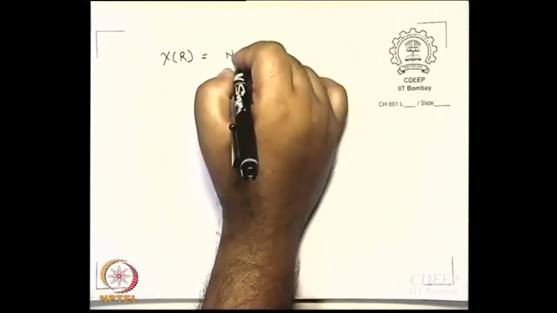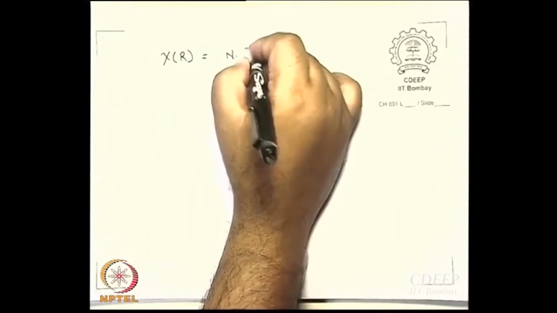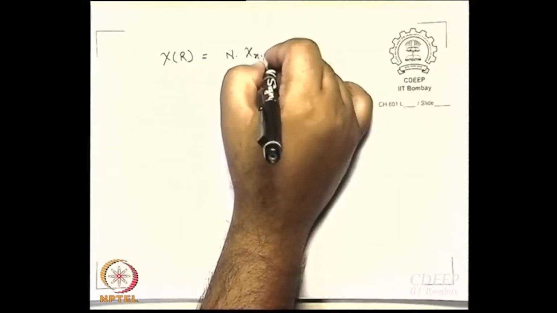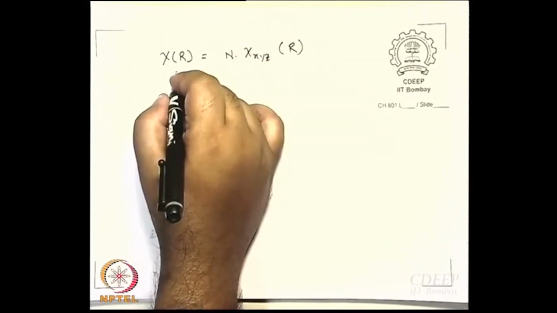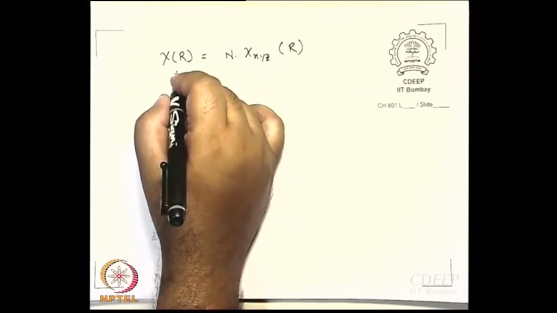So, chi of R equal to N multiplied by chi of x y z for R. What is chi of R? It is the character in the reducible representation. Okay.